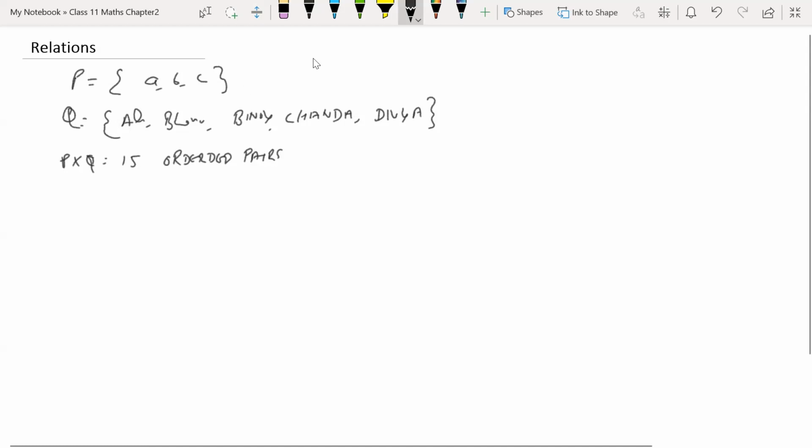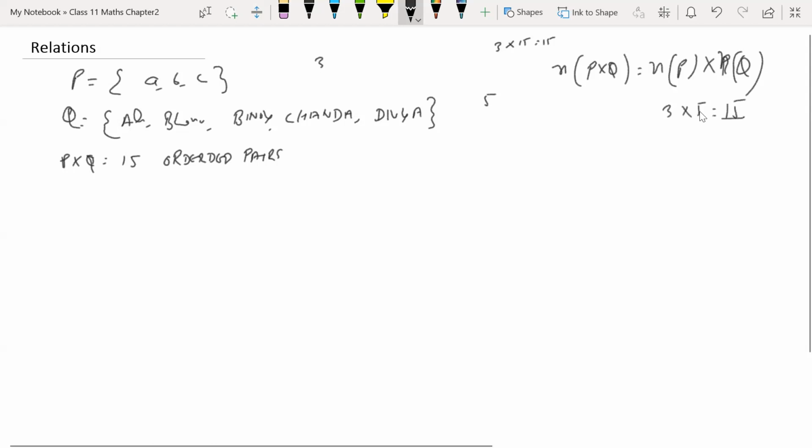Because of the Cartesian product: there are 3 elements in one set and 5 in the other, and 3 into 5 is 15. Or we have a formula: n(P cross Q) is equal to n(P) times n(Q). So n(P) is 3 and n(Q) is 5, and this becomes 15. We can calculate with the help of this method.